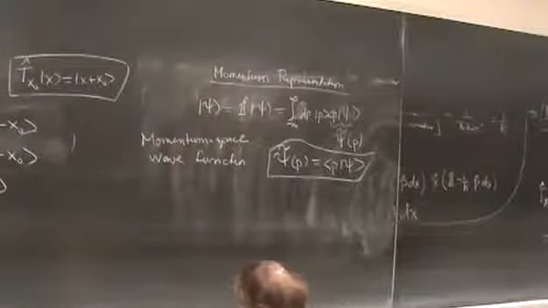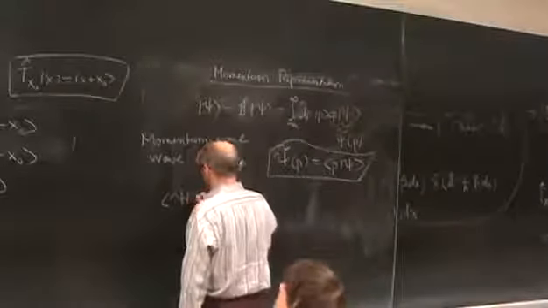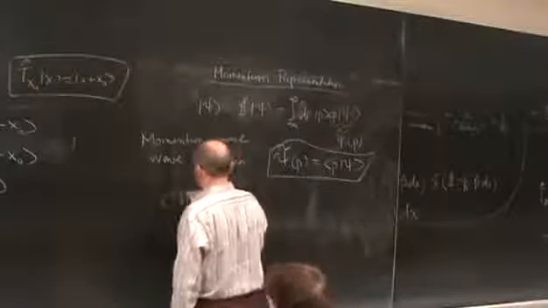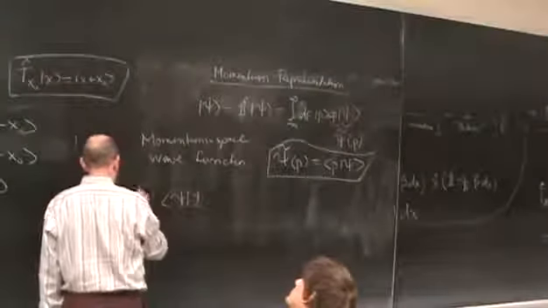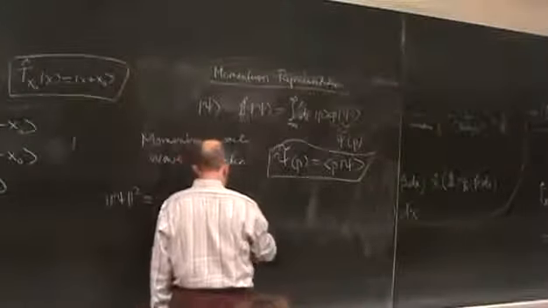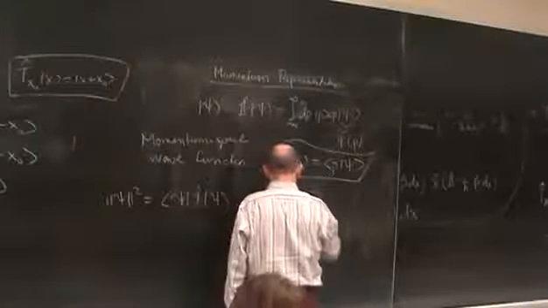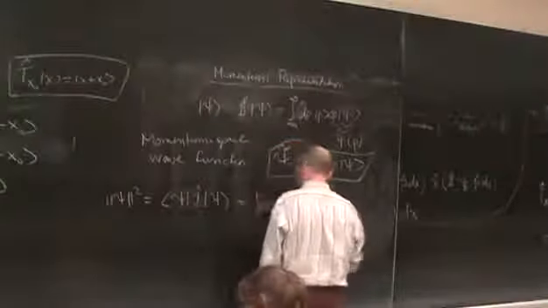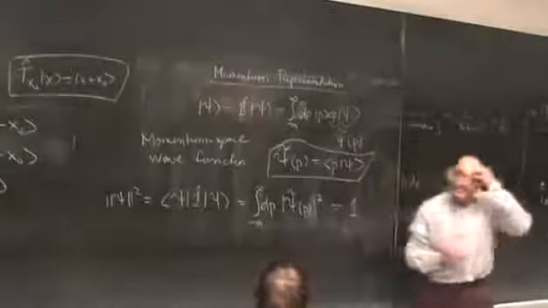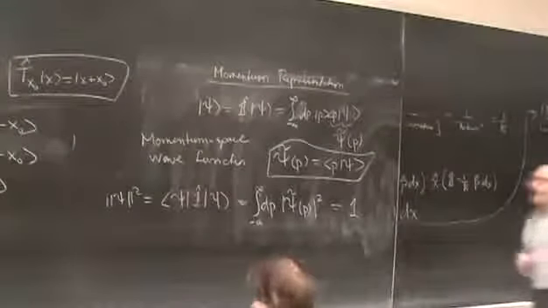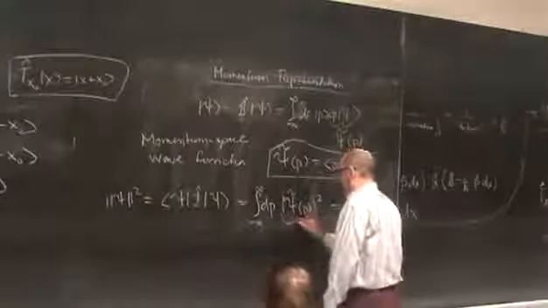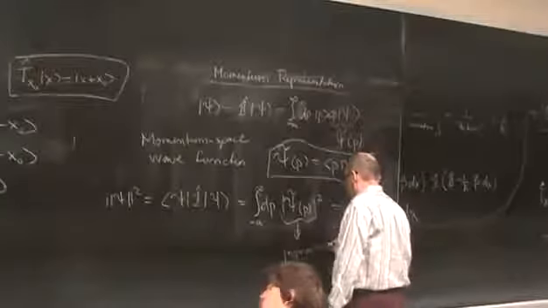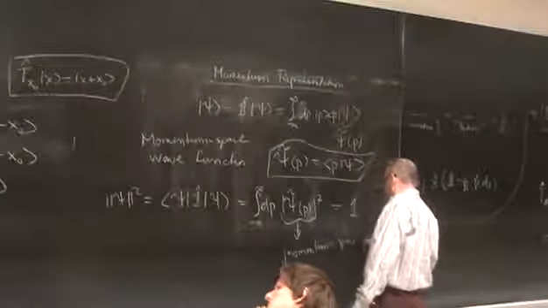All right. And of course, we can equally well look at the normalization, the norm squared of the state in momentum space. So the momentum space wave function is normalized in this way. And the same interpretation holds. This is the momentum space probability density.